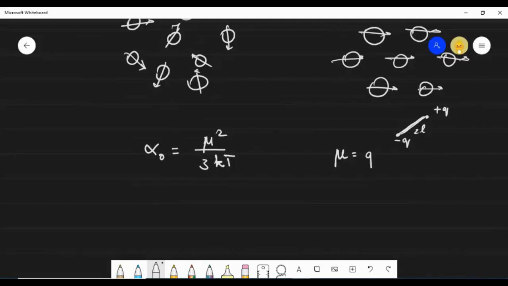then q into 2L is the dipole moment. The orientational polarizability is given as mu square by 3 kT, which is from Langevin's theory.